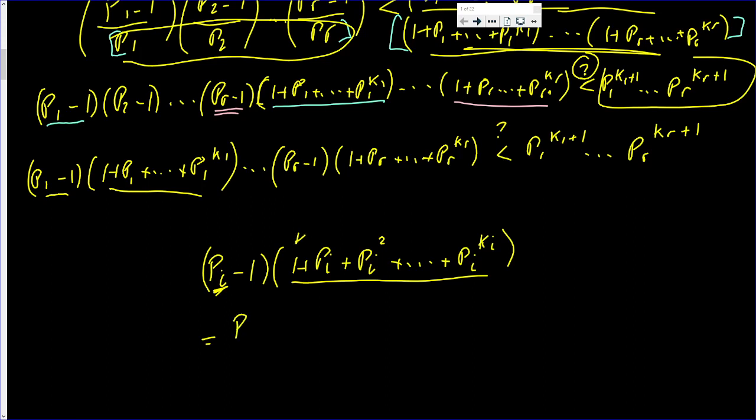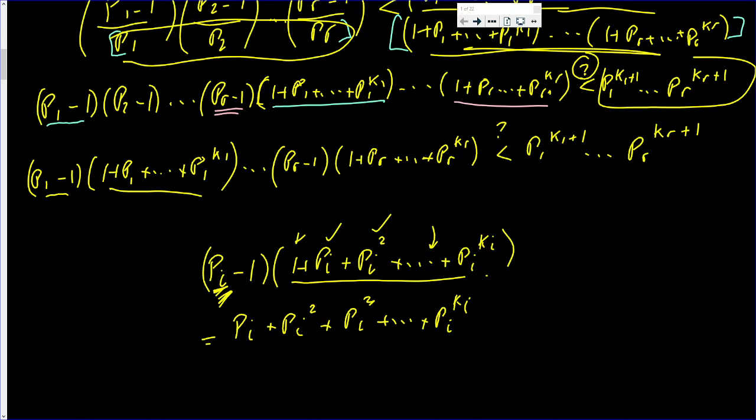So the 1 becomes Pi. This one becomes pi squared. This one becomes pi cubed. Eventually, the one before, when you multiply it by p sub I, the power will become k sub I.